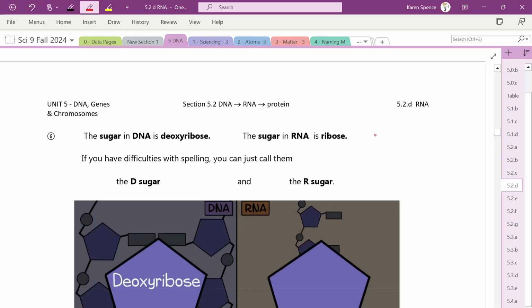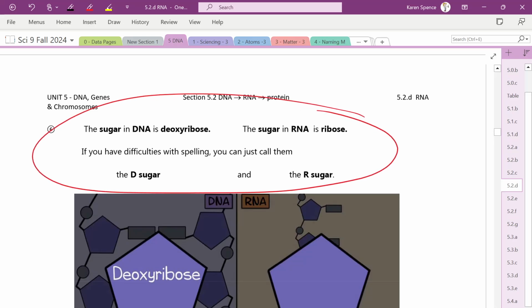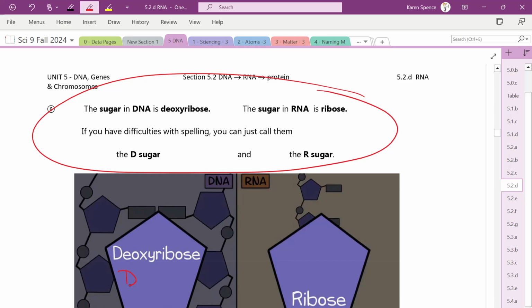Something that is different: D sugar and R sugar. If you want to know the name, deoxyribose can be enriched, ribose can be enriched, but you should know D sugar and R sugar.